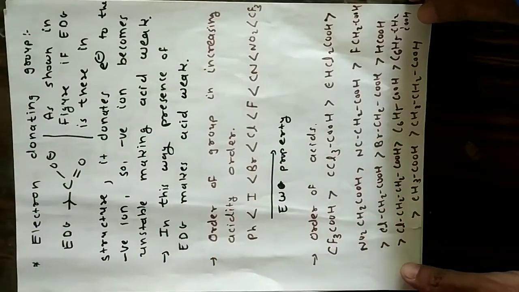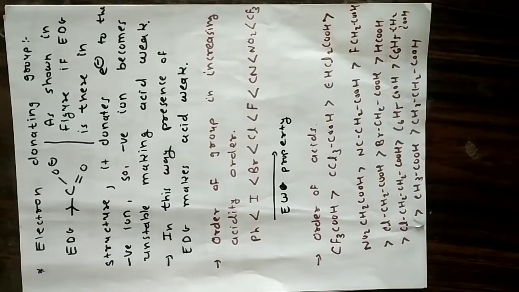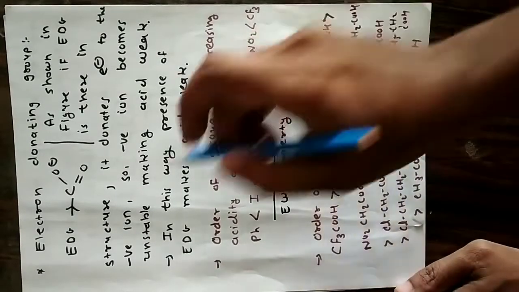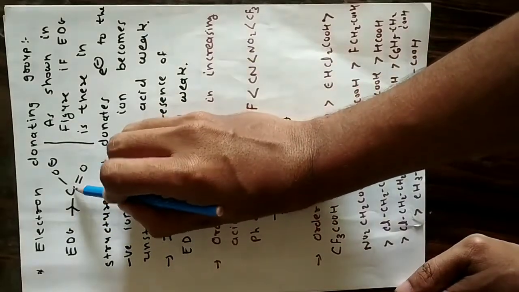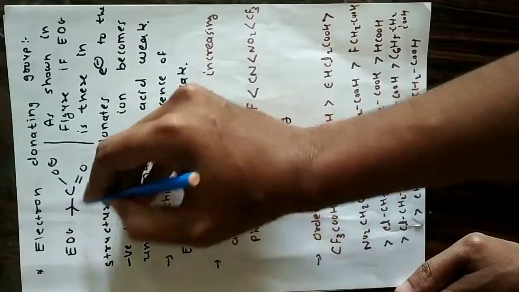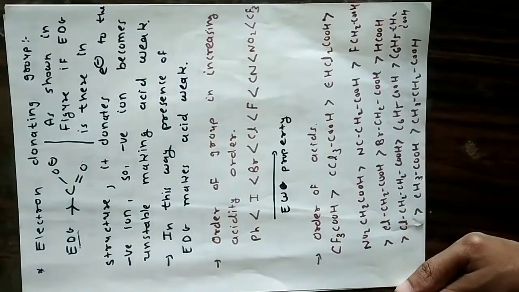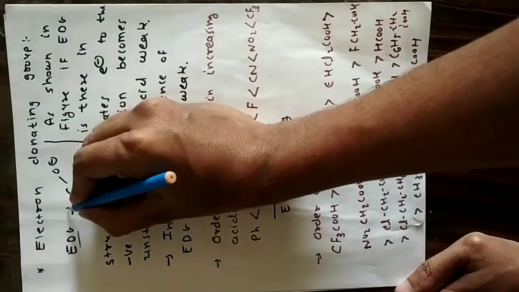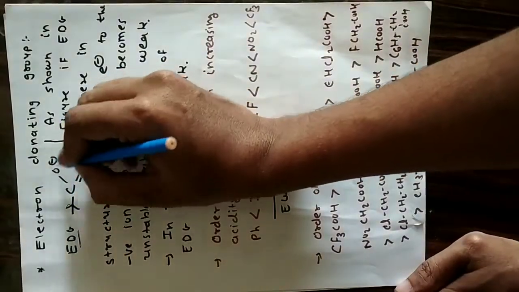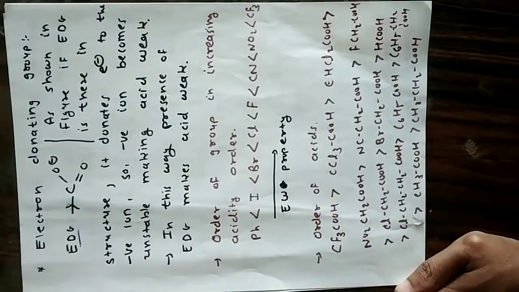Opposite to that, what if electron donating group is present in the structure? You can see this structure, same ion I have written here, COO minus ion, carboxylate ion. When electron donating group is there in the structure, it donates electron to the negative part, so repulsion will be there. So negative ion becomes less stable due to repulsion.